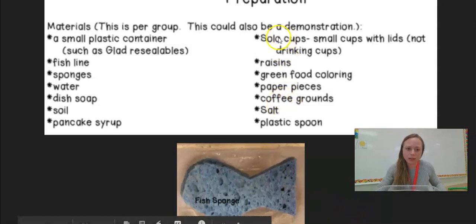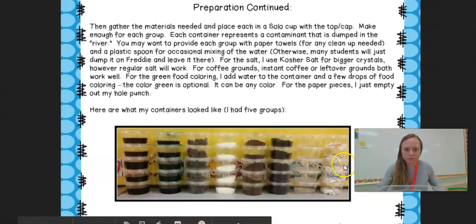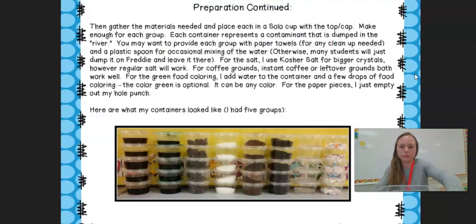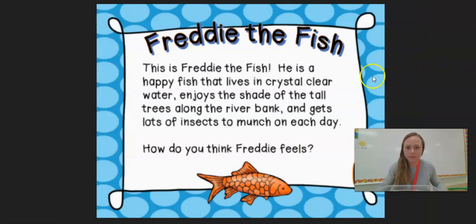Don't worry about the fishing line. You don't need to use that. I won't be using that in my experiment. Here are the directions. You can pause and use those if you would like. All right.